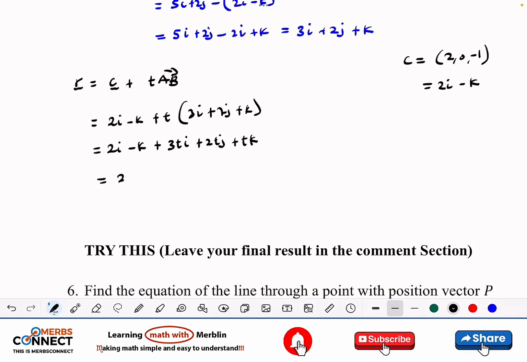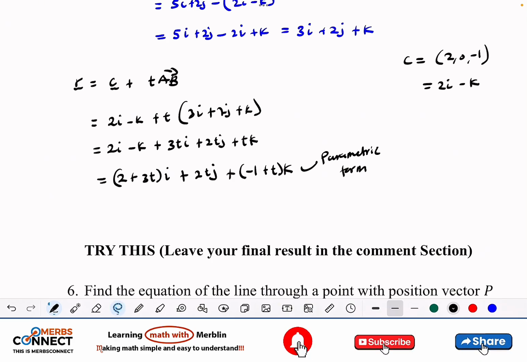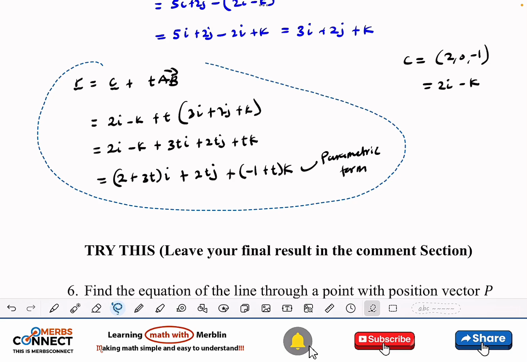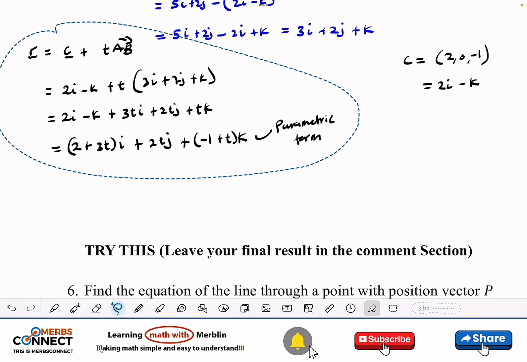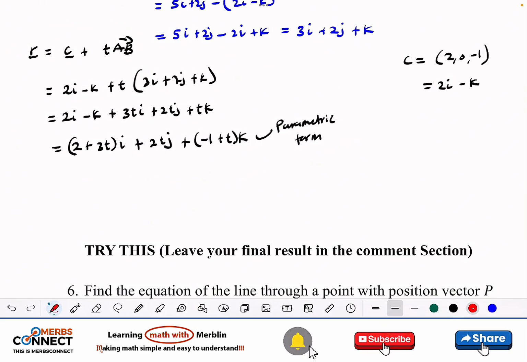So you are going to have 2 plus 3t i, and then we don't have j, so there is only 2tj, and then minus 1 plus t k. So this is the parametric form, right? Then we can now move it to what is called the vector form, and then from the vector form we can talk about the symmetric.